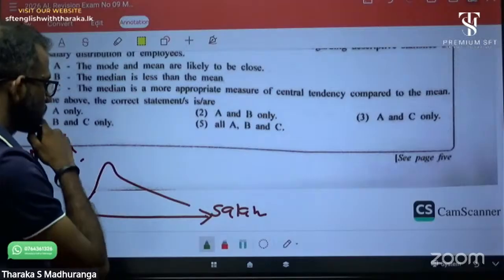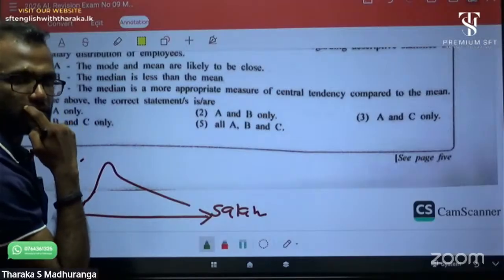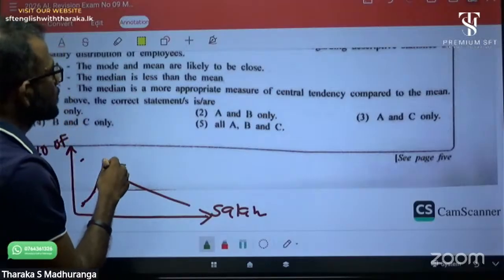This is a distribution, not a bell-shaped one.